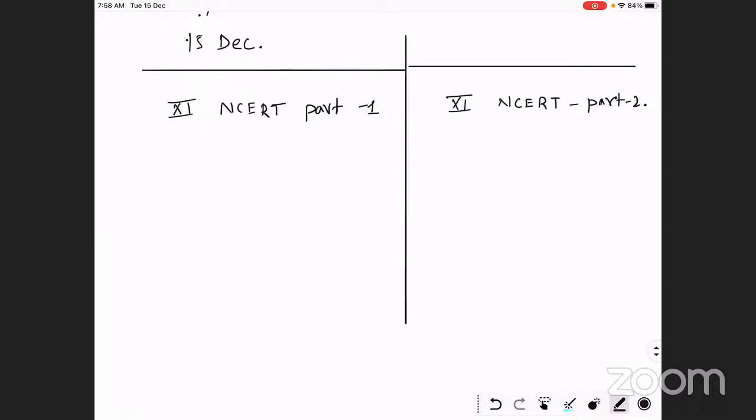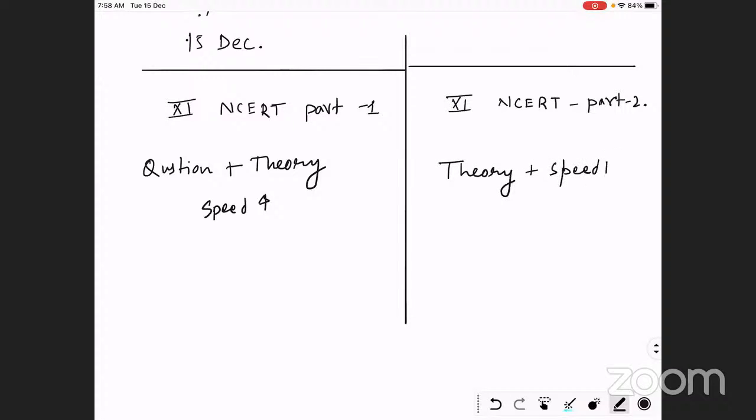Yes or no? Yes, sir. Yes. So we will focus more on questions. Speed will be high, and Babho sir will teach theory fully. Short में पढ़ाएंगे लेकिन theory. Speed will be according to you.